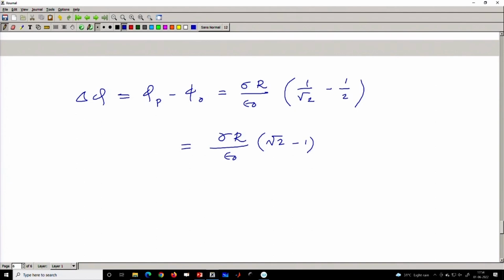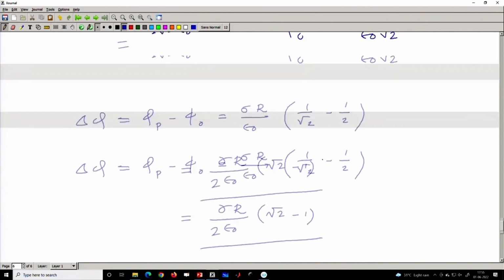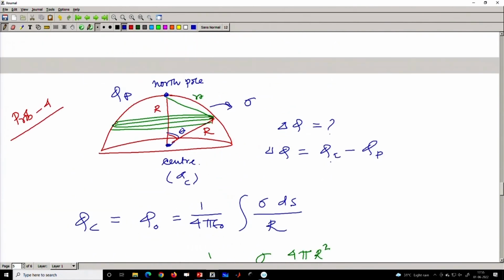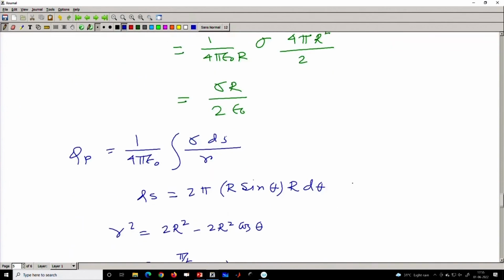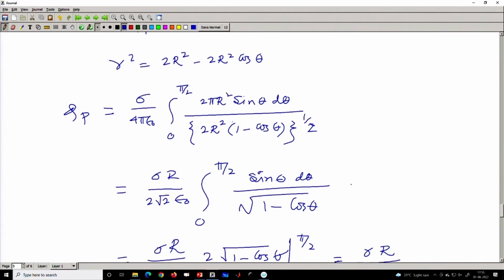If I multiply 2 here, it should be 1, it should be root over of 2. So, I need to have 2 here. Yeah, it should be something like this. So, that is the difference between the potential for this system. The trick here is to calculate the potential at the north pole, where the distance is changing continuously. Okay, now go to the next problem.